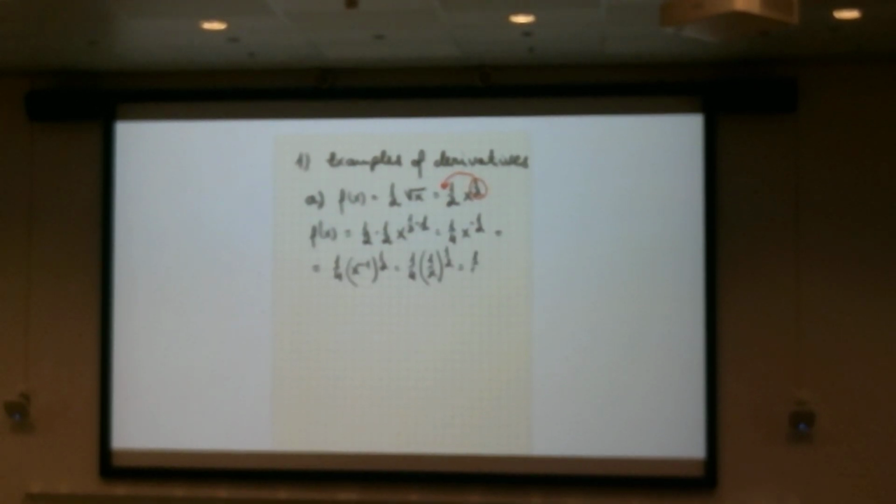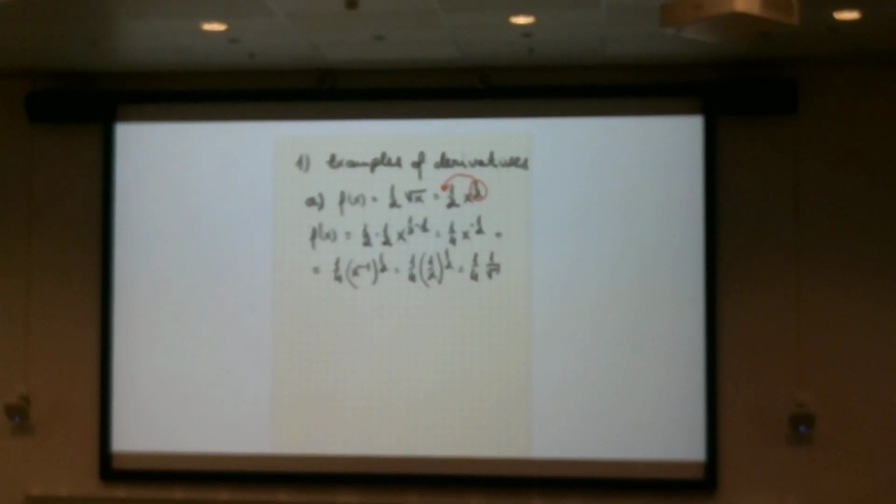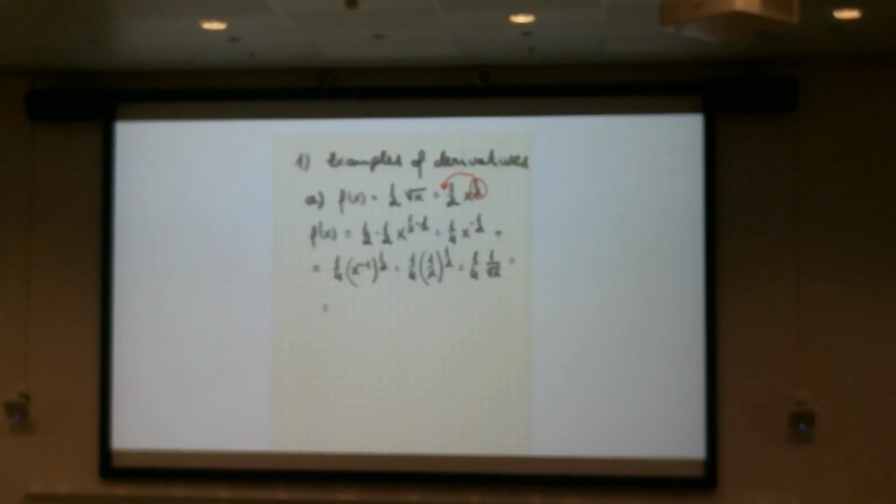So this is 1 over 4, and 1 raised to 1/2 is just 1. And then I have in the denominator x raised to the power of 1/2, which is just the square root of x. Which is the same as 4 square root of x. So you can keep it in the form that we got here. That's totally fine. You can make it a bit prettier in here.